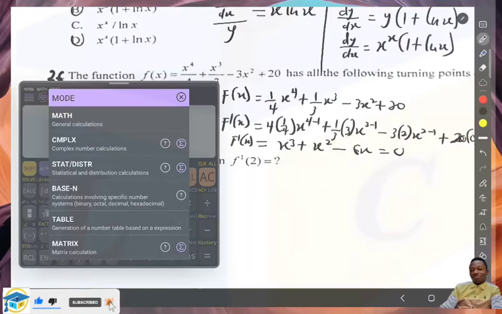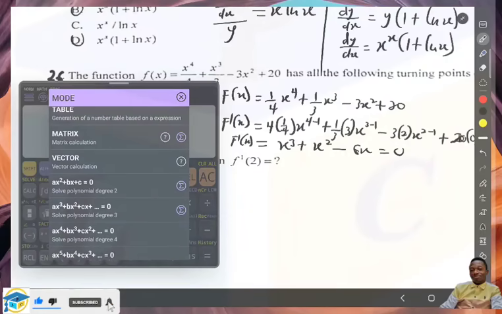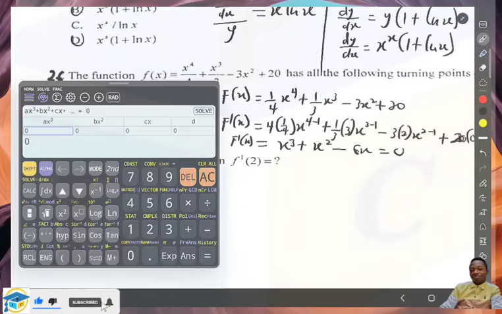When you go to mode, you then select 5 and then you locate the equation ax cubed plus bx squared plus cx plus d. Once you get this, you start to put in the coefficients of x cubed, x squared, x, and even the constant, that is the d.